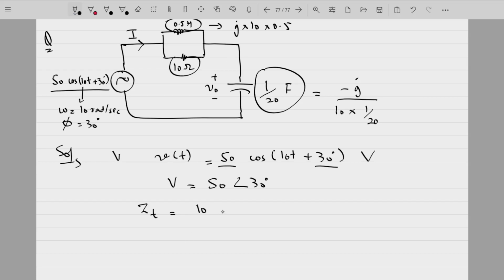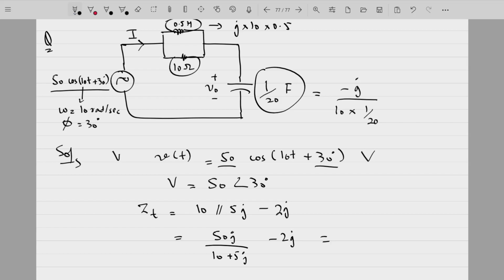So you have 10 in parallel with 5J, and it then adds up with this impedance of minus J divided by 10 into 1/20, minus 2J. So 10 parallel 5J means 50J divided by 10 plus 5J minus 2J.